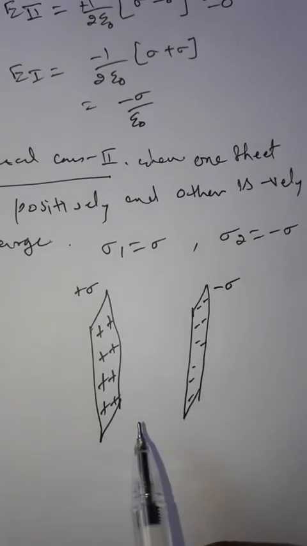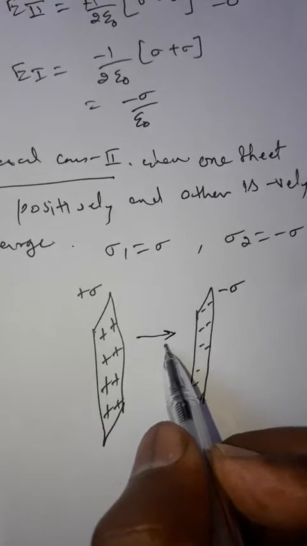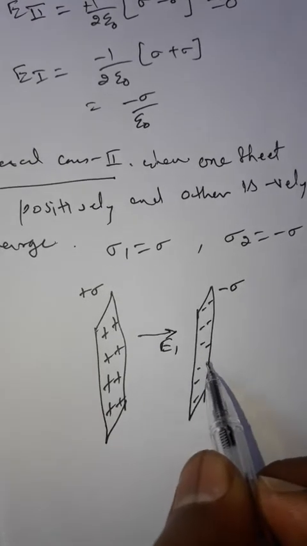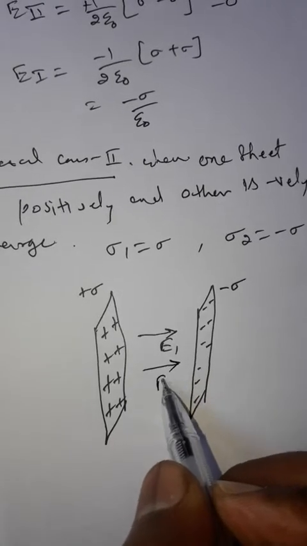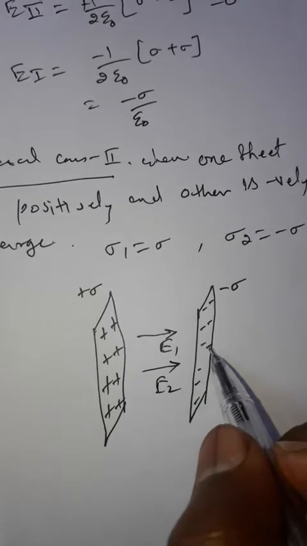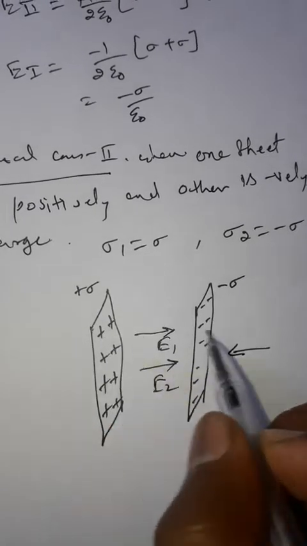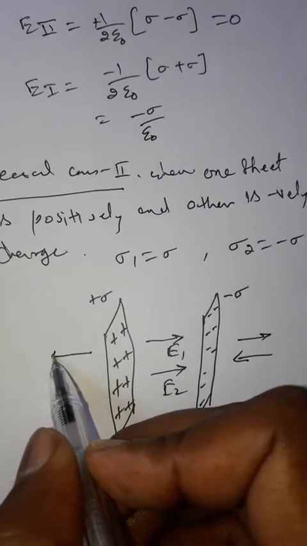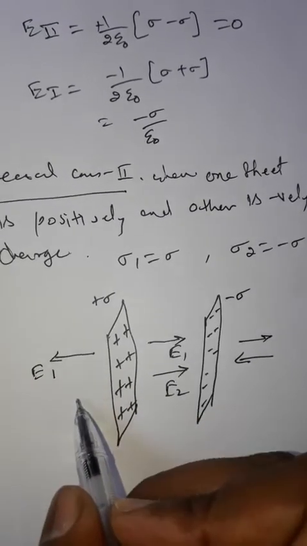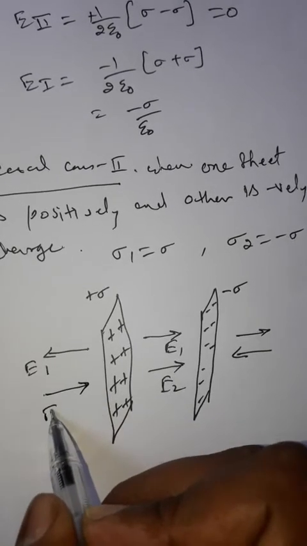So now, as you know, due to this sheet the electric field in this region is towards this, say it is E1, but due to the second sheet, the electric field is in this direction. Similarly here, the electric field due to this sheet is in this direction and due to the first sheet is in this direction, that is E1 and this is E2.